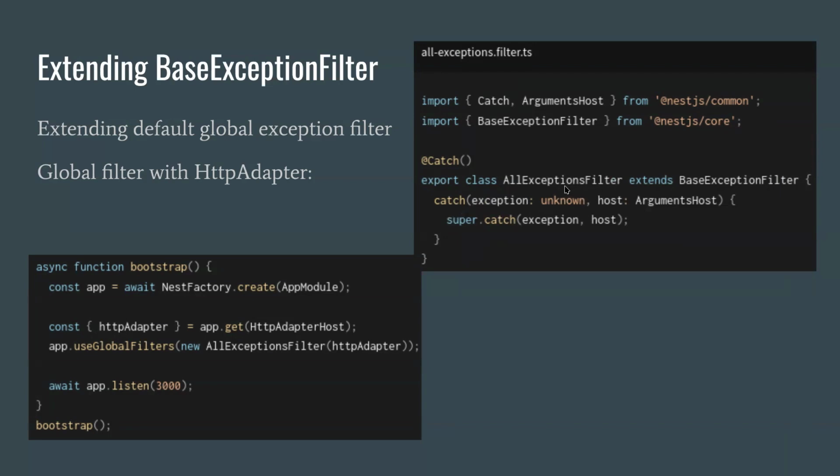For global filters, you can inject the HTTP adapter reference when instantiating the filter. This approach allows you to maintain a clean and consistent error handling mechanism while adding custom processing as needed.